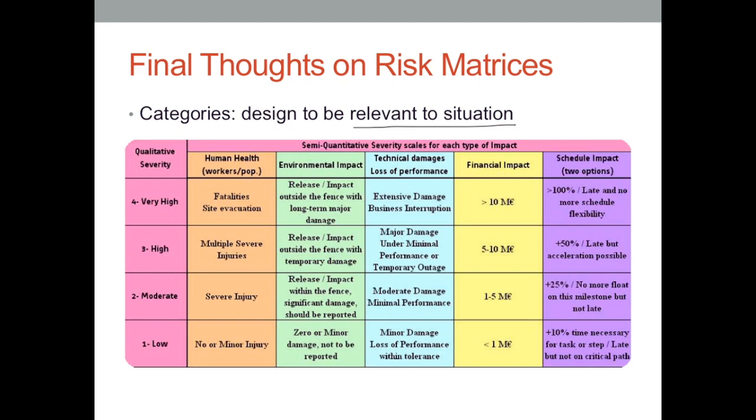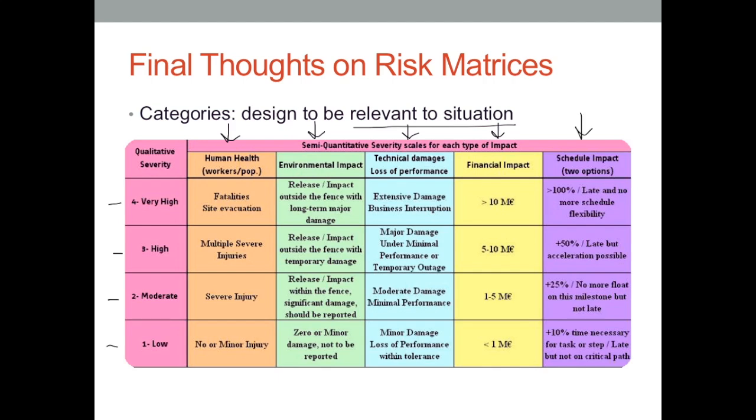So they have 4 different categories: low, moderate, high, and very high. And they are looking at impacts or consequences to 5 different areas: human health, the environment, technical damages, financial impacts, and their scheduling as well, or schedule impacts.